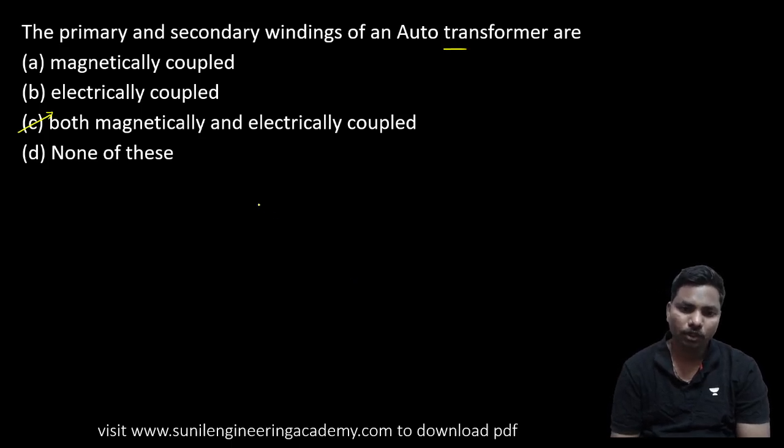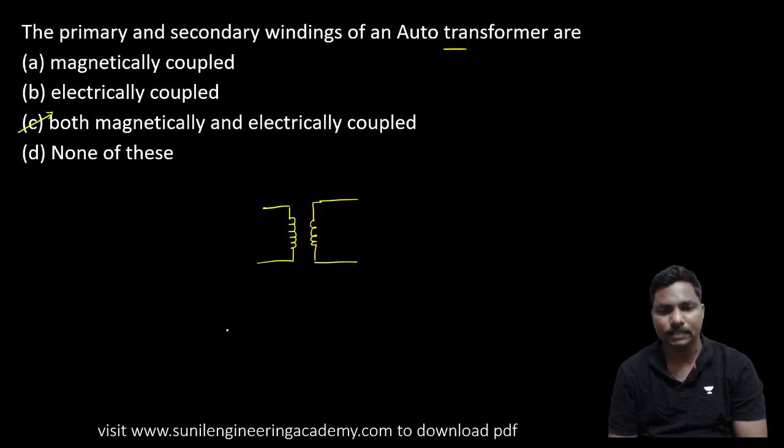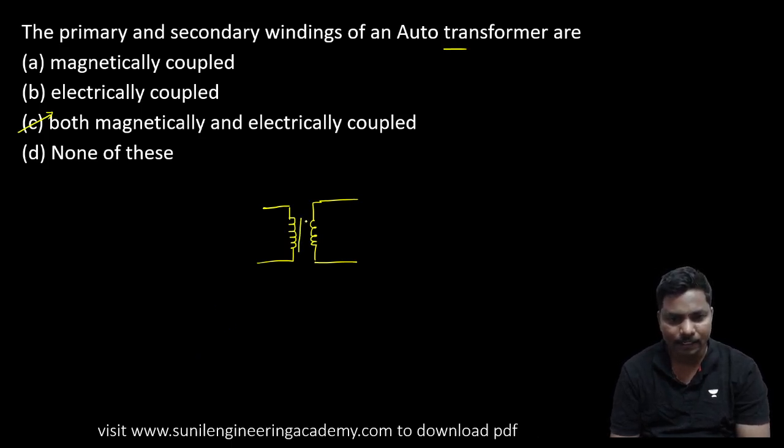If you consider a two winding transformer, both windings are separated, that means electrically separated, magnetically coupled.